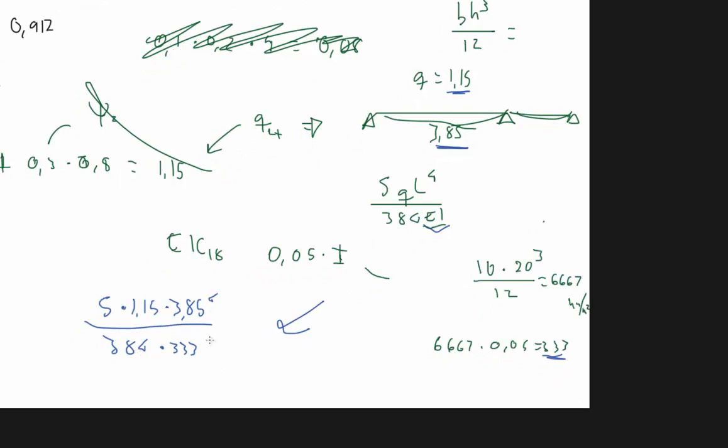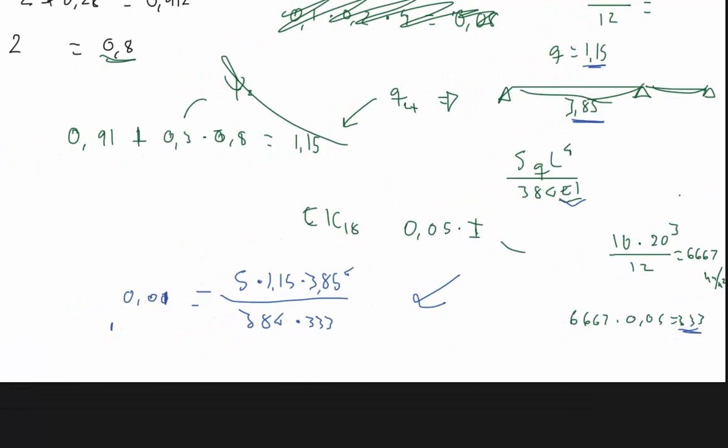So we take 5 times 1.15 times 3.85 to the fourth, divided by 384 times 333, and that would equal 0.01.